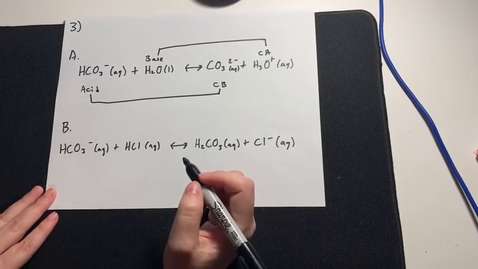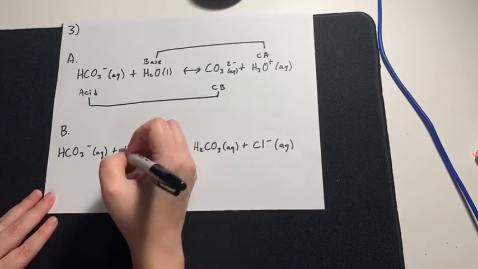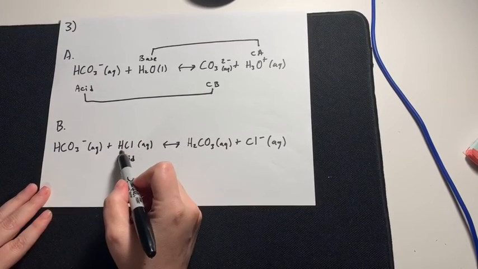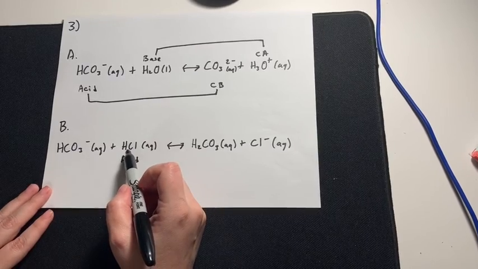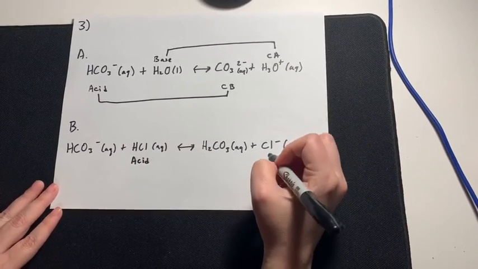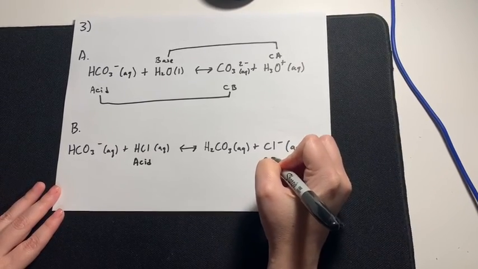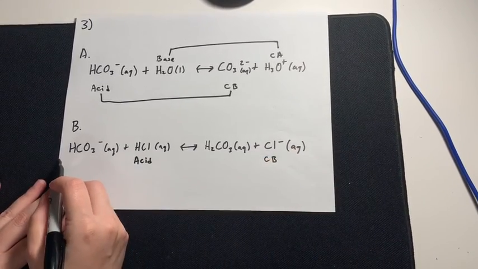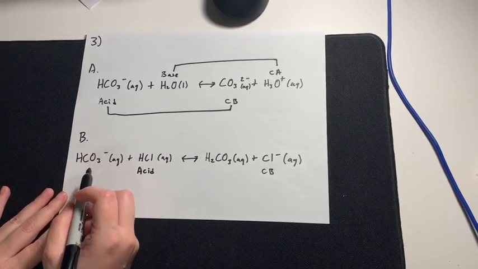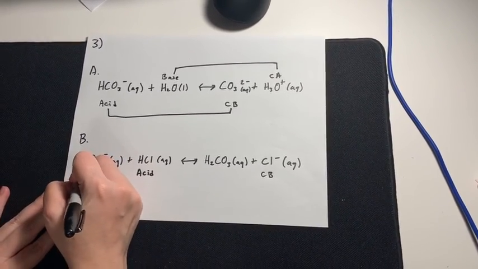So in this case, the HCl would be the acid, right? Because that's the one that donated the H plus, and the Cl negative would be the conjugate base. And here on this side, the HCO3 negative is actually the base.